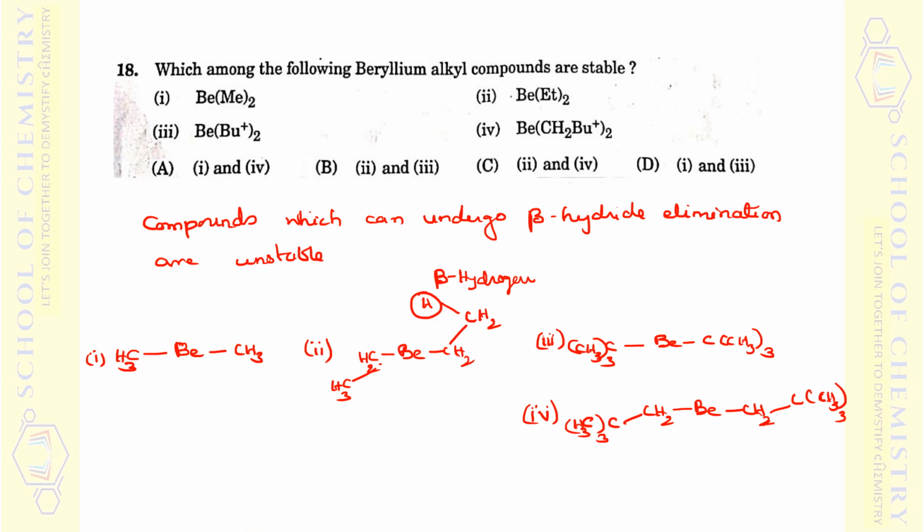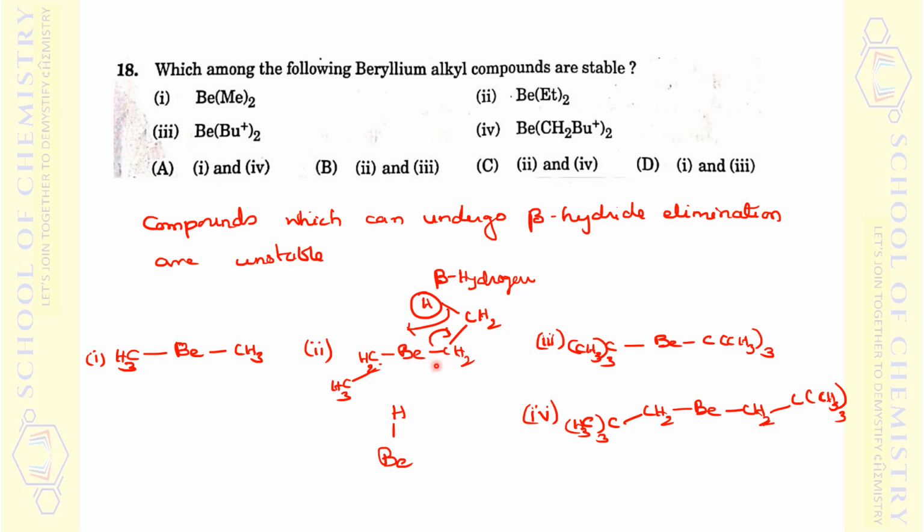So whenever beta hydrogen is present, it is possible that this bond, we can show it in this manner also. The hydride comes to the metal with its electrons, and there will be formation of a hydride bond with the metal, and in turn this bond breaks because the electron requirement of beryllium has been satisfied.